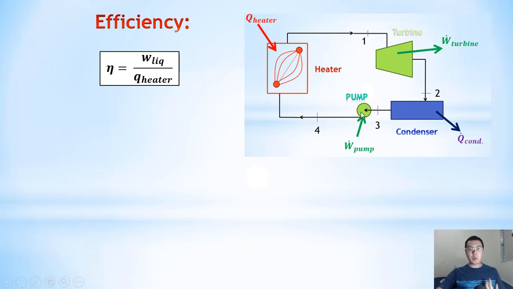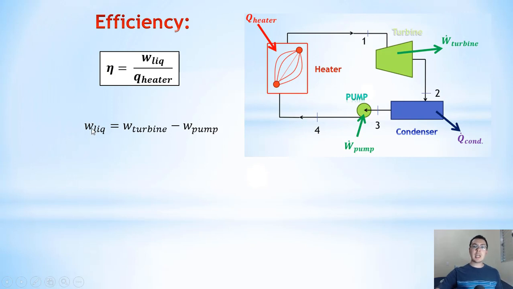So the pump will spend energy. And this net work is the power produced at the turbine minus the power used at the pump to produce this pressure difference and to make the flow exist.